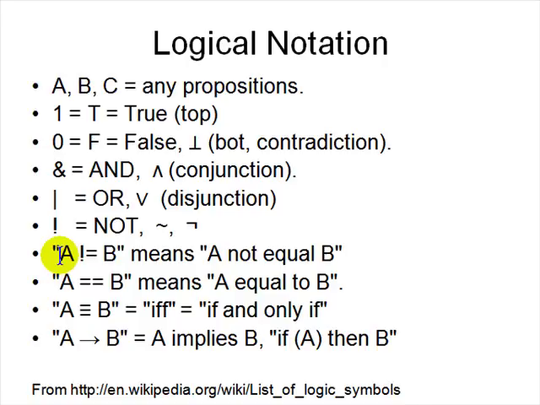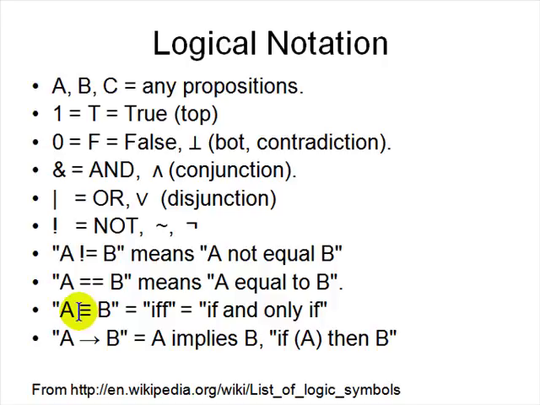And then we can also prefix the equal to sign with the bang to mean not equal to. This reads as A not equal to B, and then we use double equal to mean A is the same as B. And equal has another meaning, a single equal operator, for assignment, so we'll look at that later, but we're not looking at assignments right now, we're just looking at logical connectors.